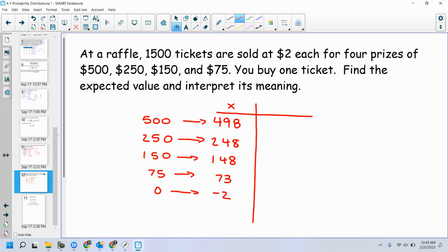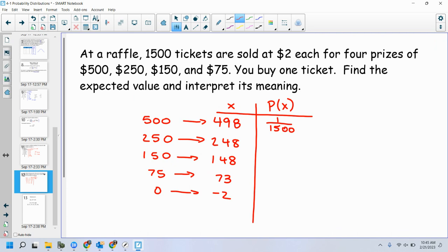So to find my probability distribution, how many total tickets? 1,500 tickets, right? How many of them are a $500 winner? 1. So there is a 1 in 1,500 chance.